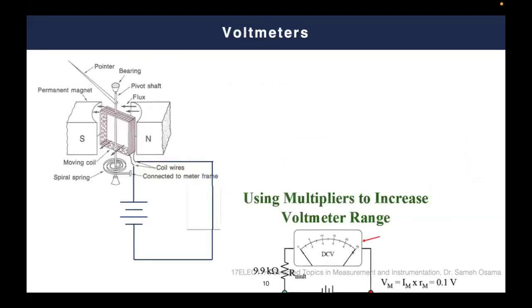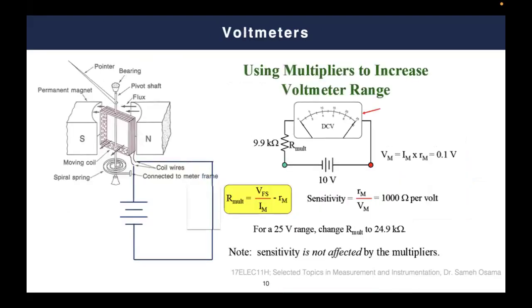So what will happen here, my dear students, is that you are going to add a resistance in series. Because if you add a resistance here in series, the overall voltage across your meter will be the voltage on the meter itself, or the voltage on the coil, which is Vm, as we mentioned, plus the voltage drop on the added series resistance, which is Im times Rs, the series resistance you add.